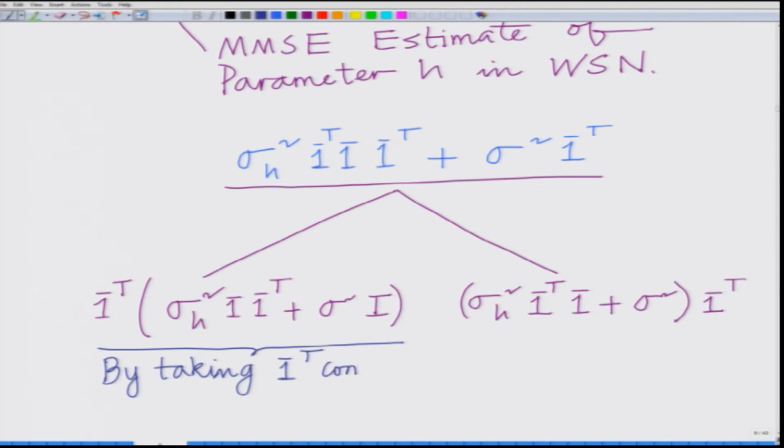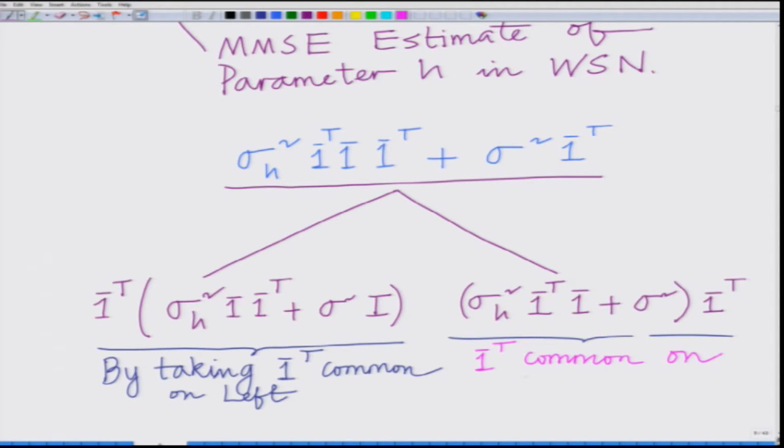So, the same expression we have simplified two different ways, that is by taking 1 bar transpose common on the left hand side and on the right hand side. And therefore, these two quantities are one and the same, and therefore, they are equal.